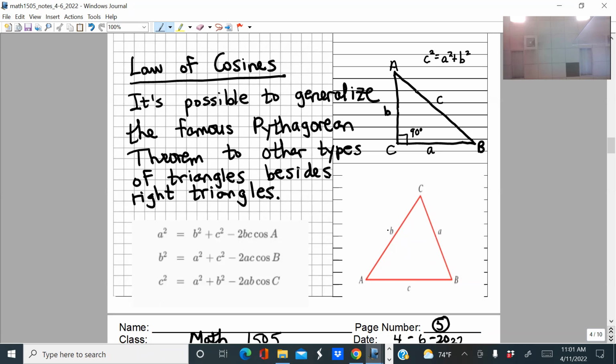Twice this side times the cosine of this angle. Make sure you take the cosine of the proper angle here. Since we were trying to find the length of side c, we had to subtract off 2 times the product of these two lengths times the cosine of this angle opposite c.